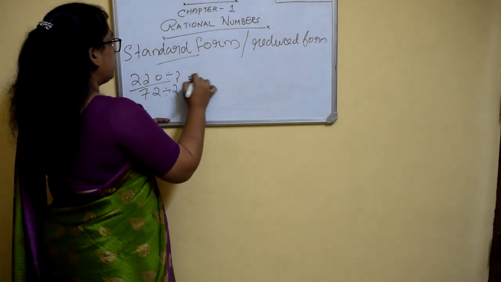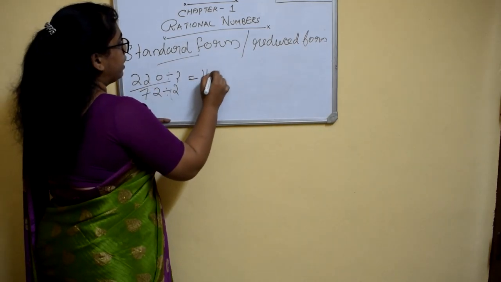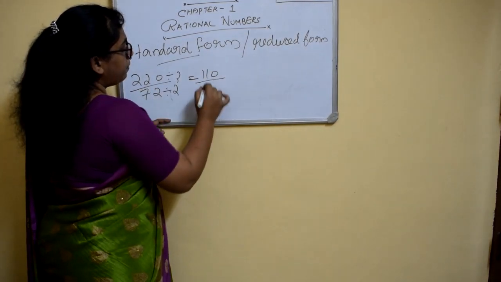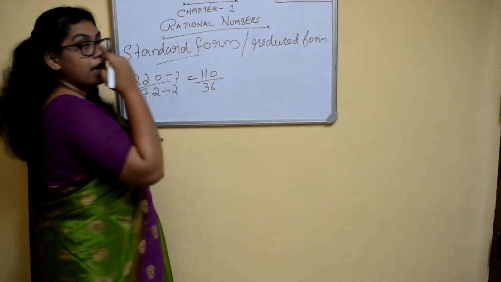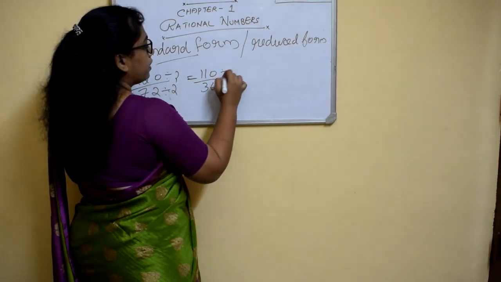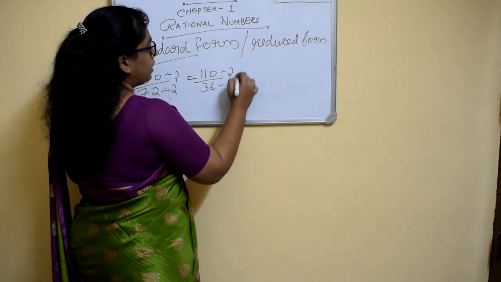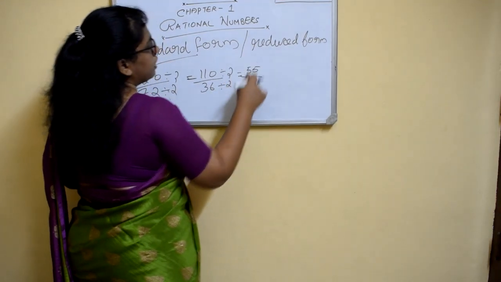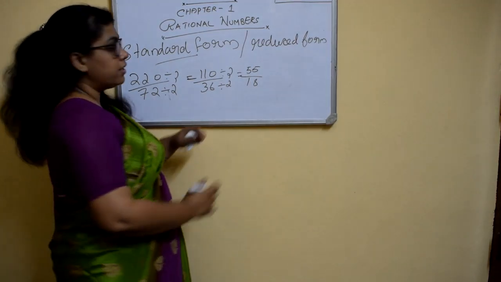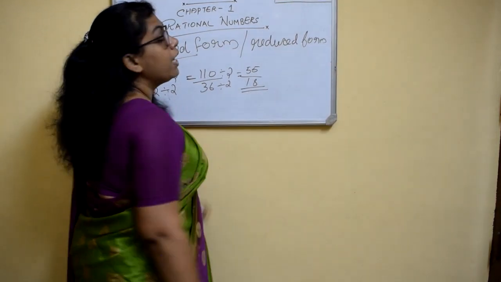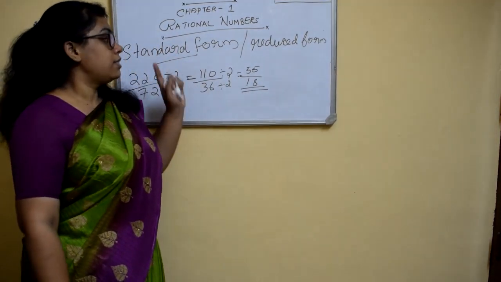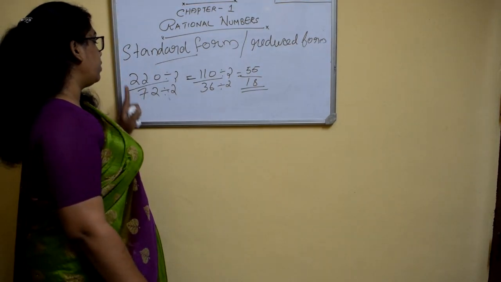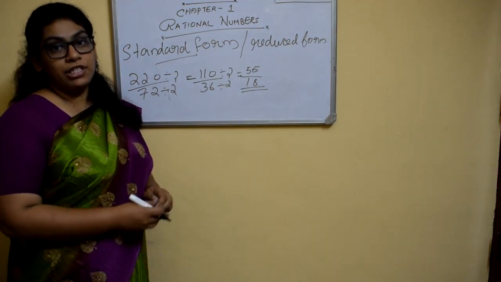That gives 110 by 36. Again both are even numbers. Divide by 2. What is the answer here? 55 and 18. There is no other common factor between them. So 55 by 18 is the standard form of 220 by 72.